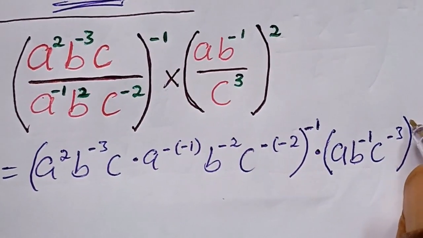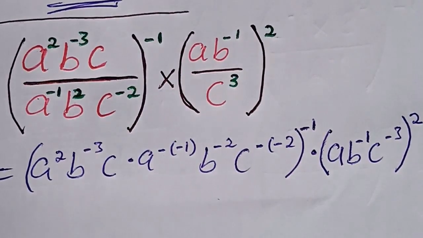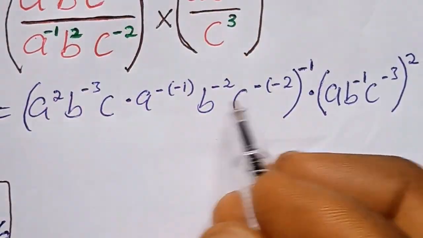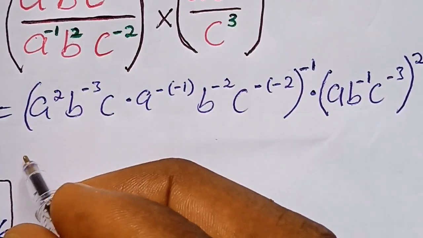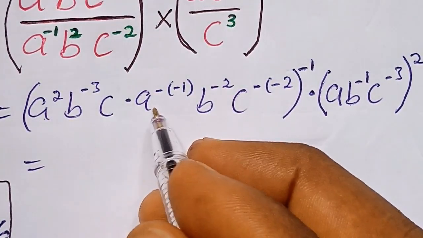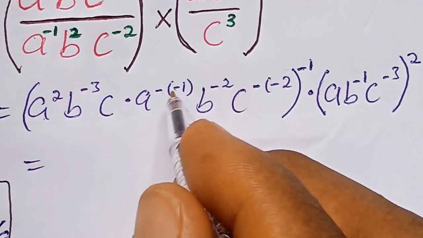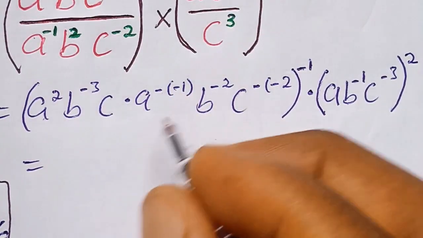We have raised to power 2. So then we can collect the like terms here, and this gives us, so this negative, we negate each other to positive.